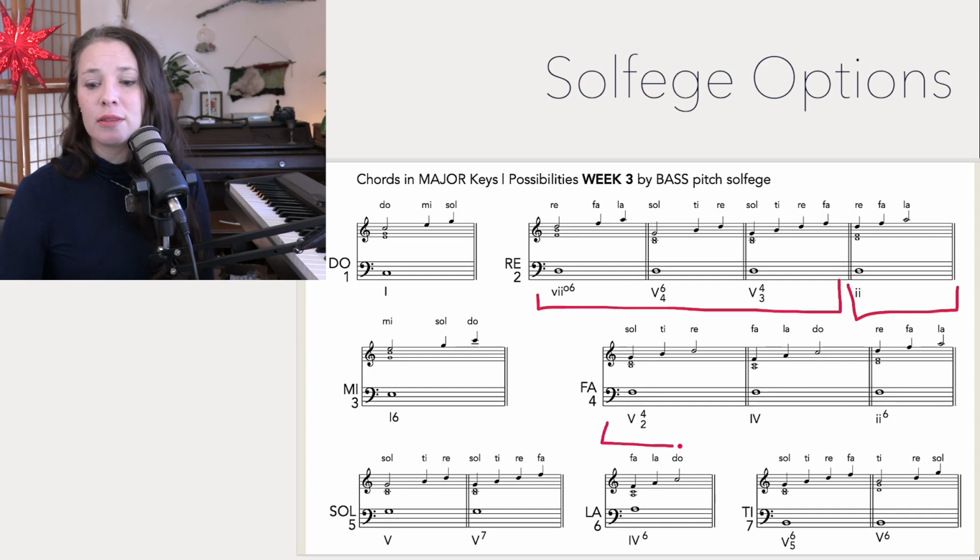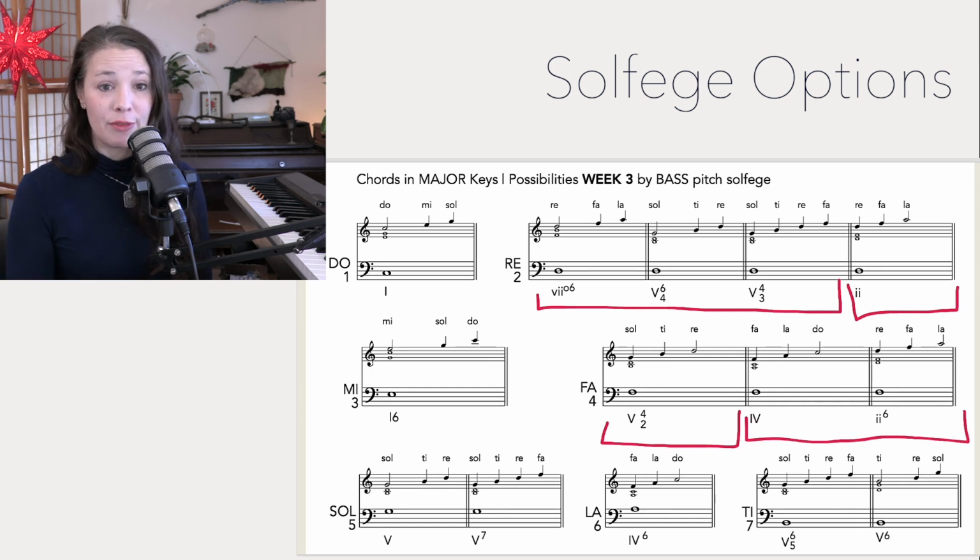Fa, tonic expansion only has 5 4 2. And predominant has 4 or 2 6. Same deal. If you hear fa during tonic expansion, it has to be the 5 4 2. If you hear it during predominant, it could be the 4 or the 2 6. So that gives you your question mark.